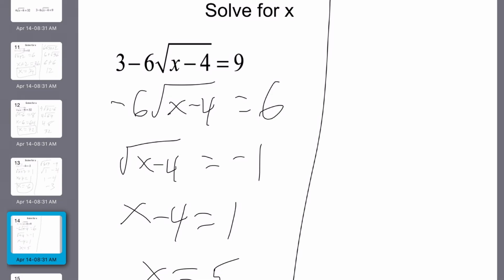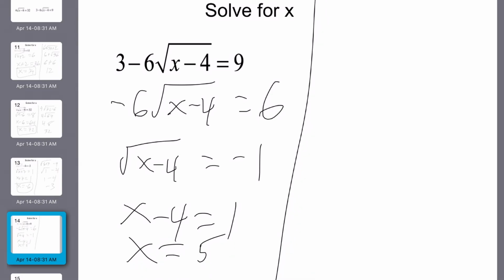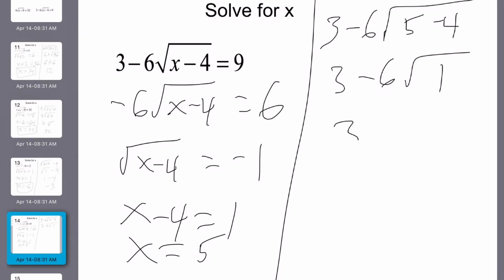And so we keep working here. I'm going to move x equals 5 up there just a little bit. And we check that answer, so we would get 3 minus 6 times the square root of 5 minus 4. 3 minus 6 times the square root of 1, 3 minus 6, negative 3.